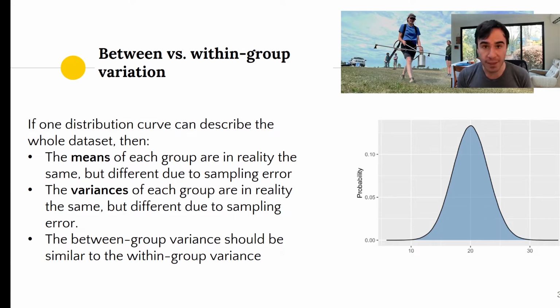The other thing that is going to necessarily be true, and you might not have thought of, is that the variance should also be the same. Remember, to describe a normal distribution, we need a mean and we need a standard deviation, which is a measure of variation.